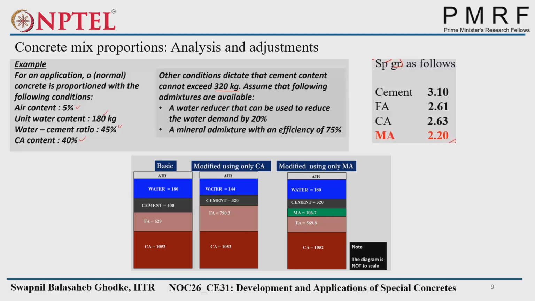So that's why it is giving later age strength. Mineral admixtures usually give later age strength, and will help to reduce the permeability also because of reducing the pores. That's why efficiency is less, 75%, because they do not directly give hydraulic properties.